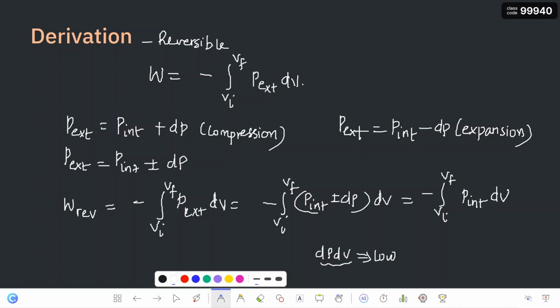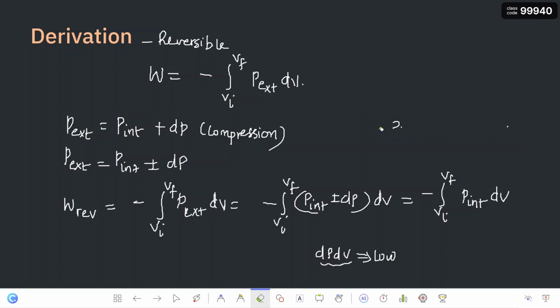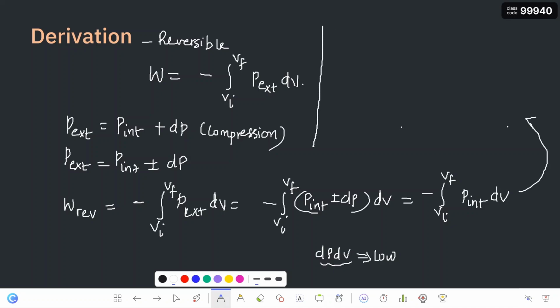Then I am just erasing here so that we can write from here. As I told, this much we got. So what is P internal? We need to know. For an ideal gas, the ideal gas equation is PV equal to nRT.